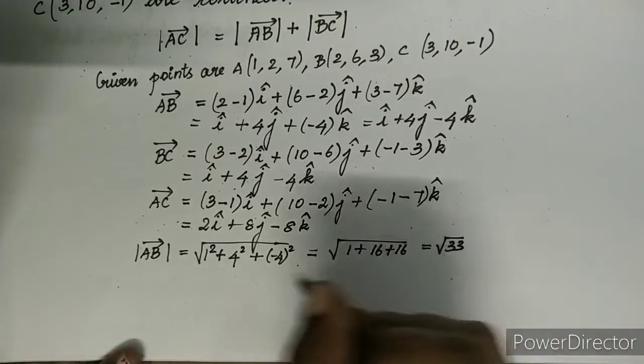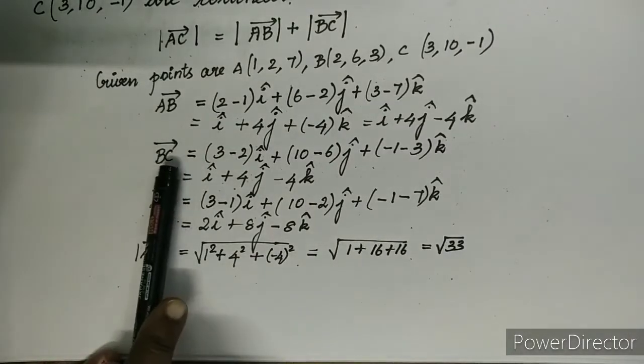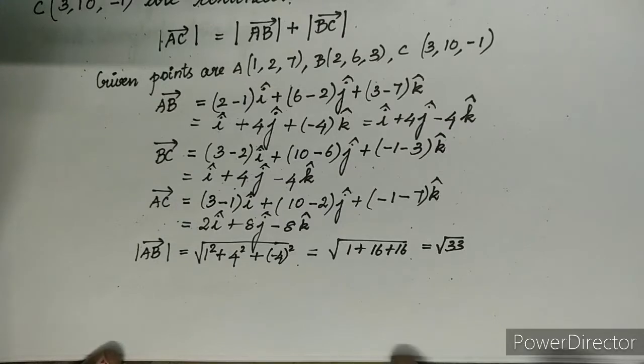Root 33. Similarly, we will find magnitude of BC vector and magnitude of AC vector.